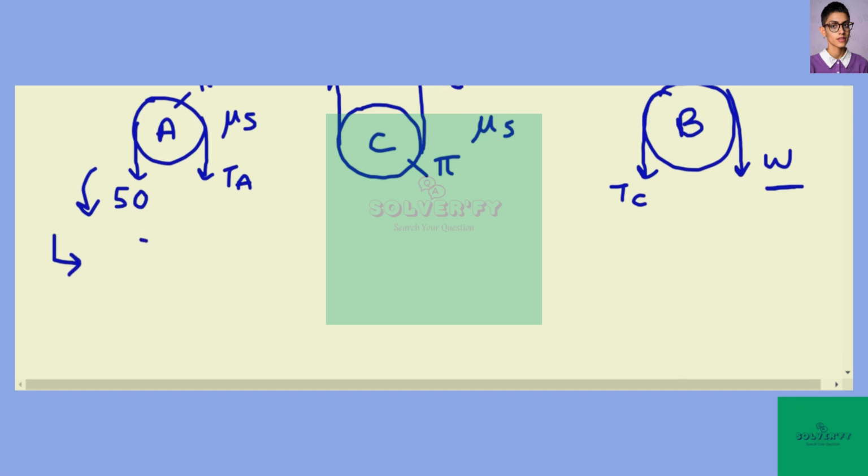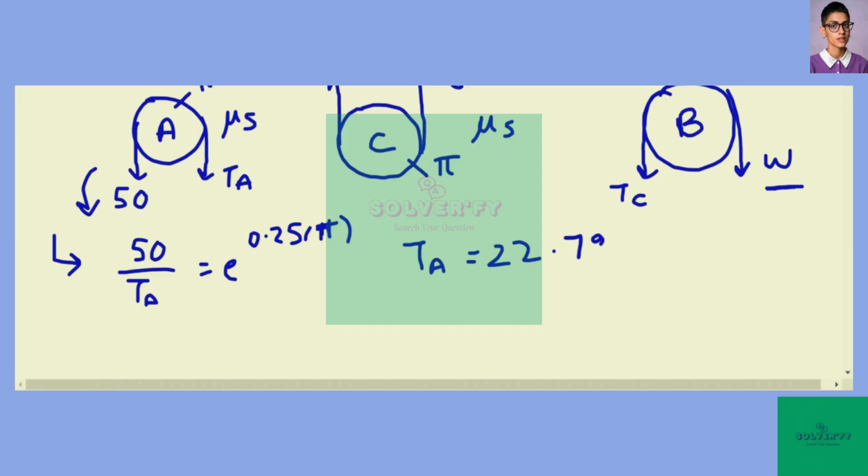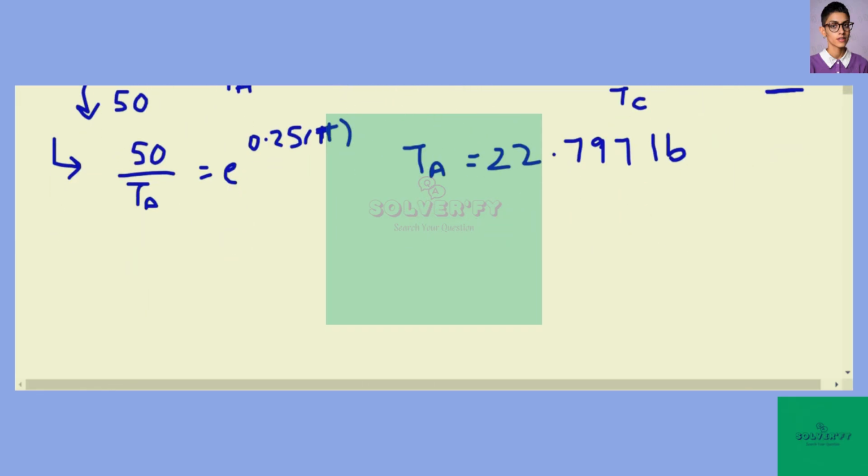We have the larger weight 50 over TA to be e to the static coefficient times the angle, which is pi. And so TA is 22.797 pounds. And then we have TA being the larger weight over TC to be e to the static coefficient times the angle.